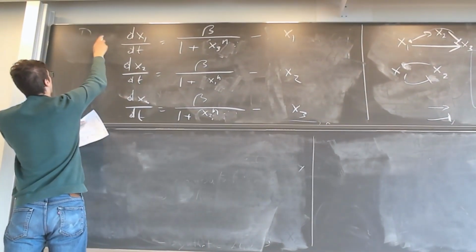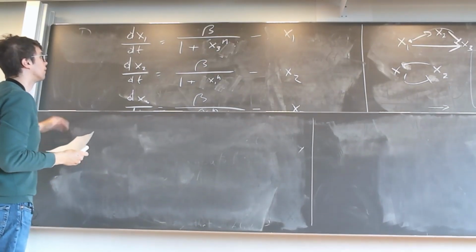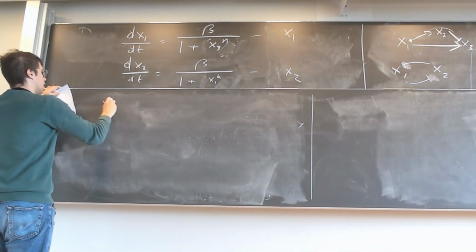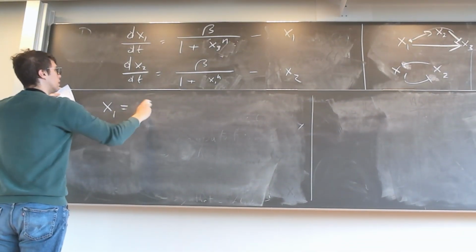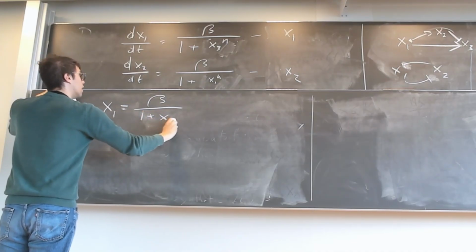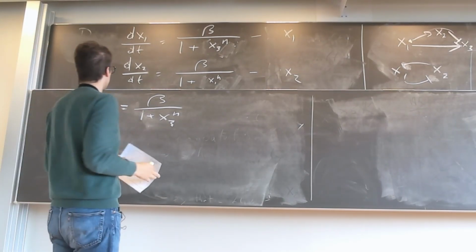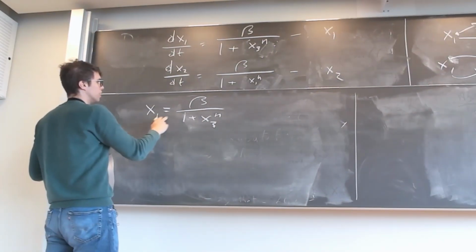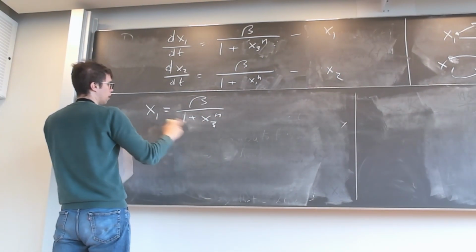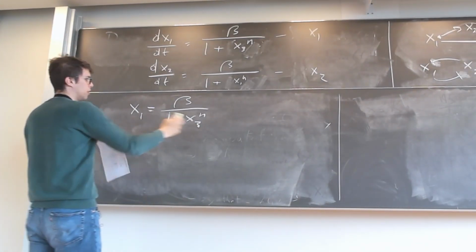What we get out of the first one is that x1 is beta over 1 plus x3 to the power n, and that x2 is the same function, but now with x1, and x3 is the same function, now with x2.